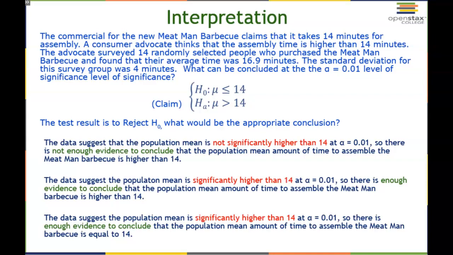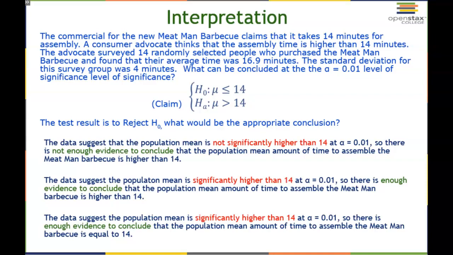Now let's talk about enough evidence. Both the second and the third options use the phrase enough evidence to conclude and significantly higher than 14. But ultimately, what was our claim? Our claim, consumer advocates think the assembly time is higher than 14 minutes.